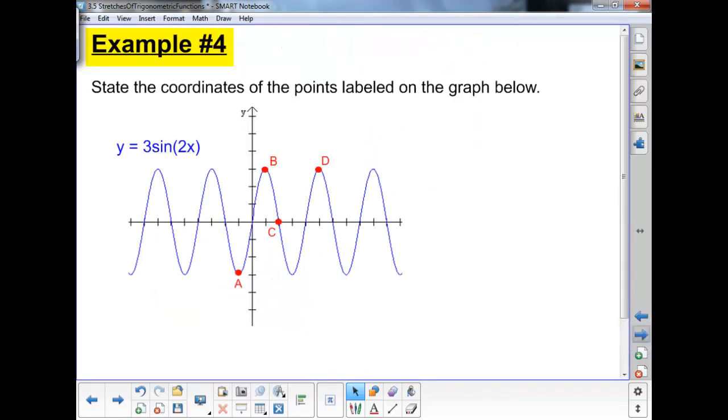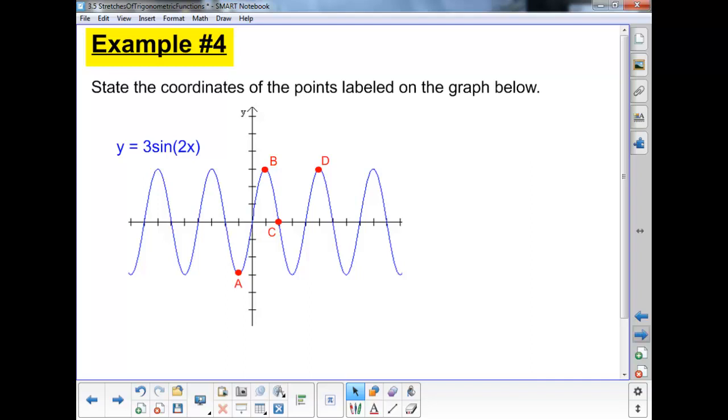Last example for today, example 4. Similar to the last question, at least part B, in that we have a graph to work with. It has given us the equation of this function, but notice there's no scale either horizontally or vertically to go on.